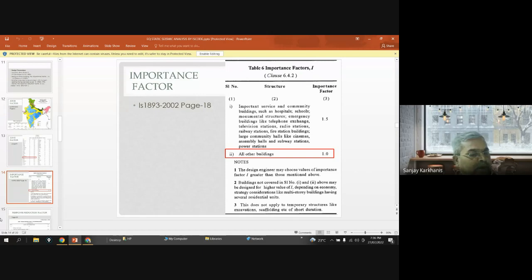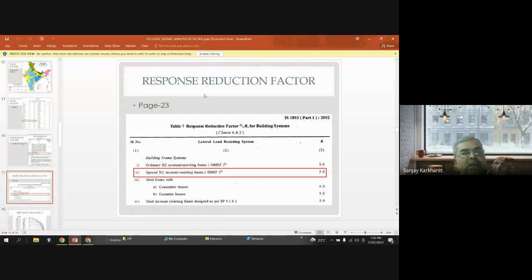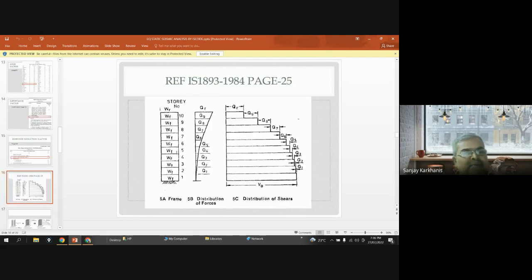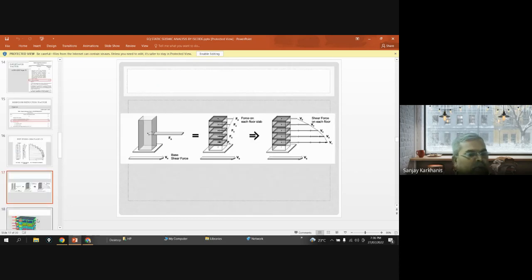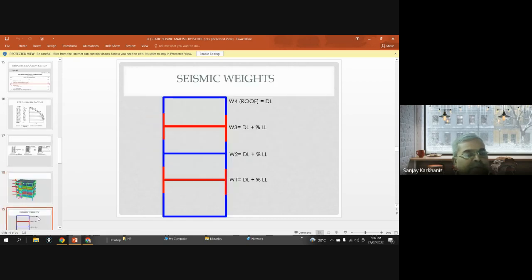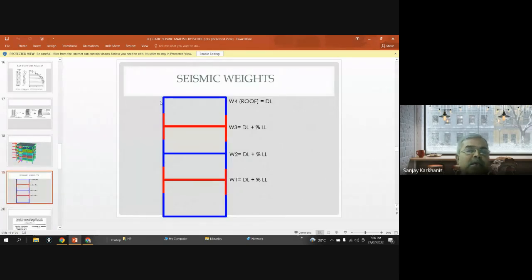And then you can see this response reduction factor. If you have special RC moment resisting frames, you can consider R equal to 5. Then we'll go into this a bit later.